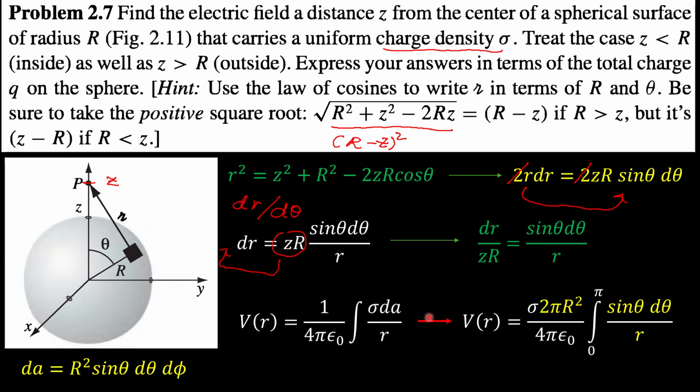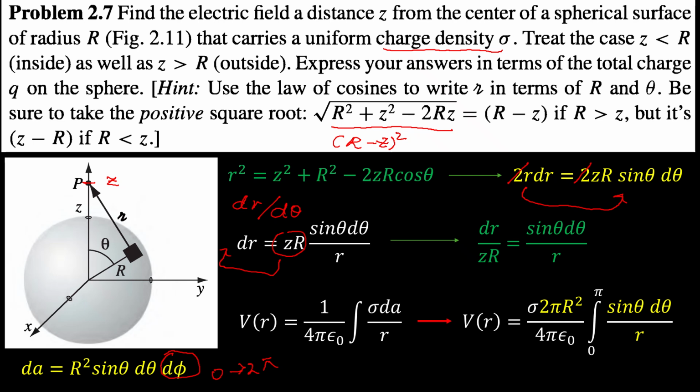You can take sigma outside because it's independent of position, and capital R squared you can take outside. Now if you integrate d phi, phi varies from 0 to 2 pi, so you will get 2 pi.